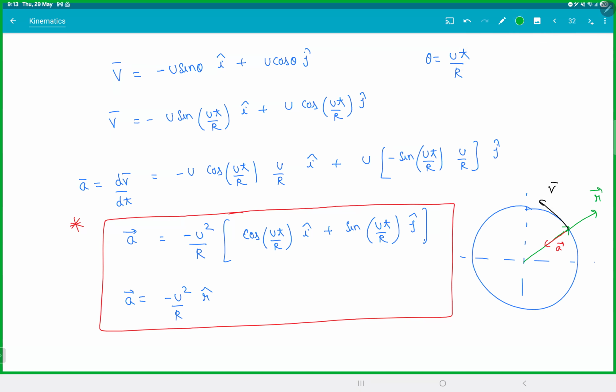This is how the three vectors look like: r bar radially, velocity tangentially, acceleration towards the center. This is also called centripetal acceleration. Don't worry about it, when it comes to circular motion, I'll show you again in a different way. But this is the proof for that. This is your instantaneous acceleration when you're going in a circle.